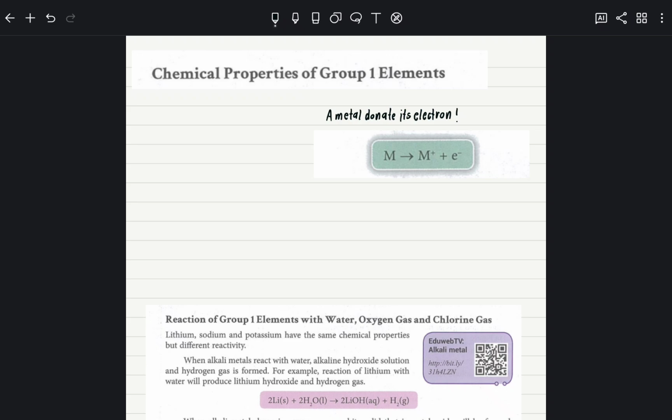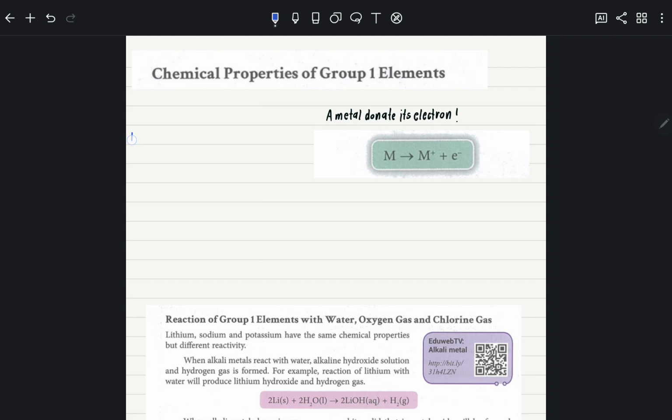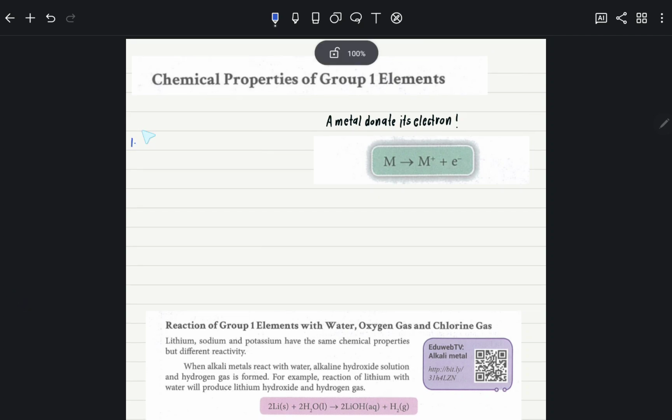Alright, so I want to ask one question to all of you. I want you to answer honestly. What do group 1 elements do to achieve stability?